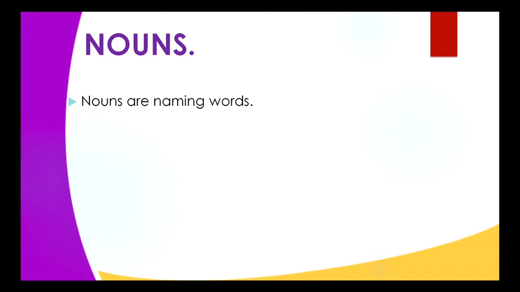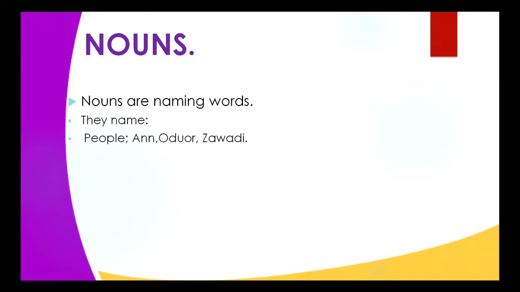Let's start with nouns. Whenever we talk about nouns, we are talking about naming words. What nouns do is identify various entities. Anything that you see around you bears a name, be it a person, a place, a feeling, or an object. All those are nouns.